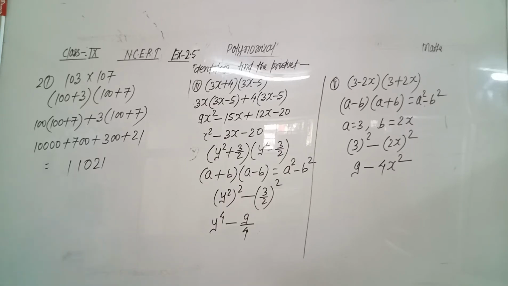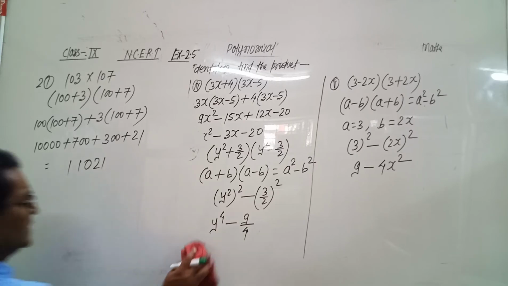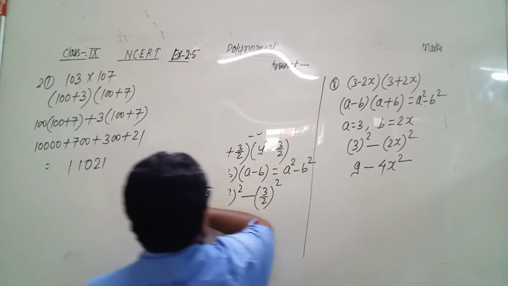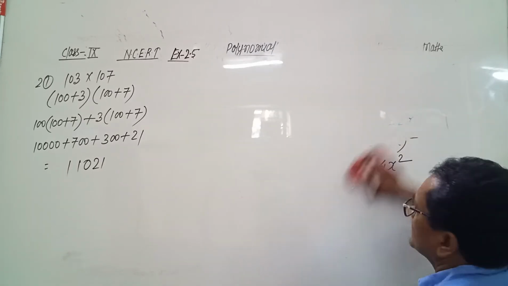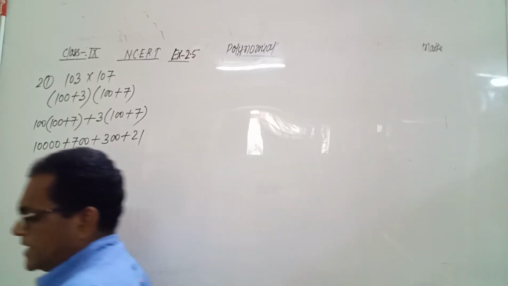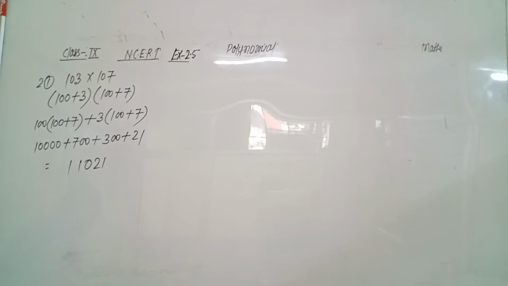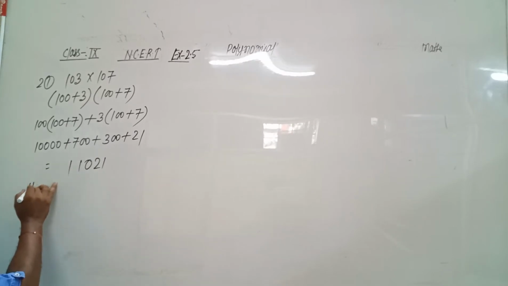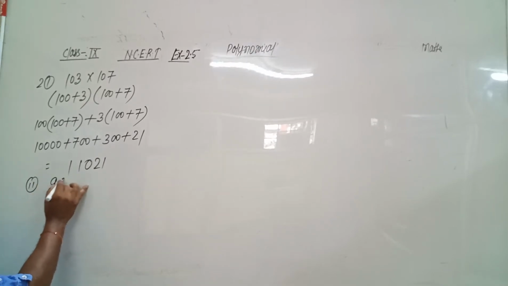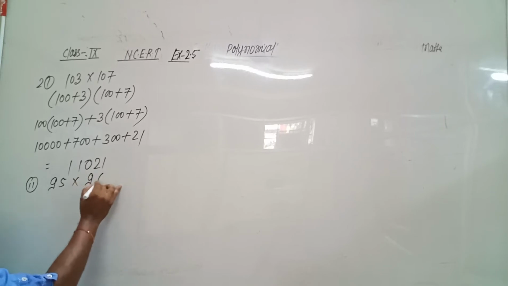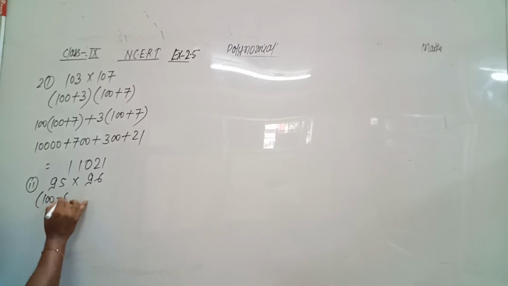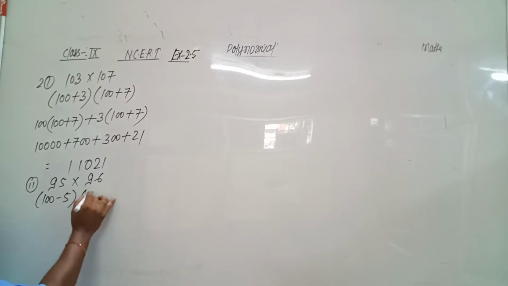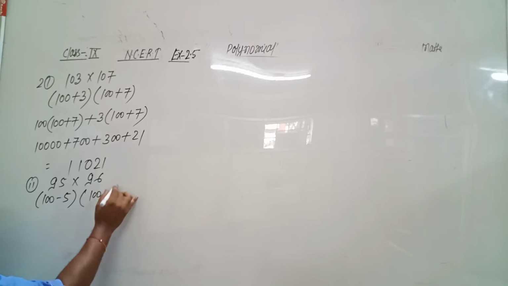The next part is 95 into 96. So 95 can be written in terms of 100 as 100 minus 5 and 96 is written as 100 minus 4.